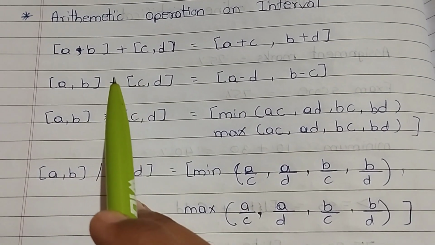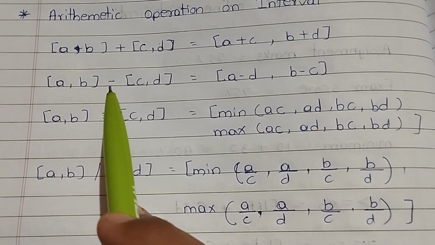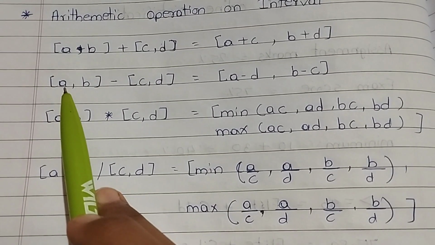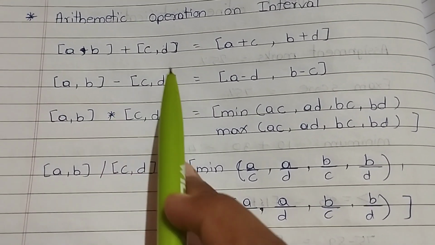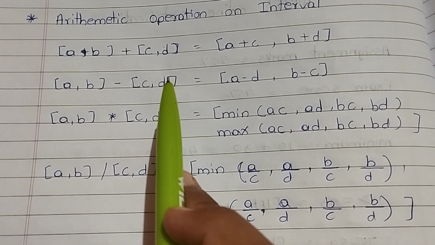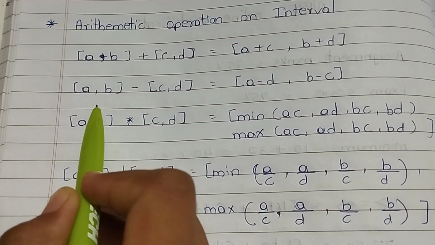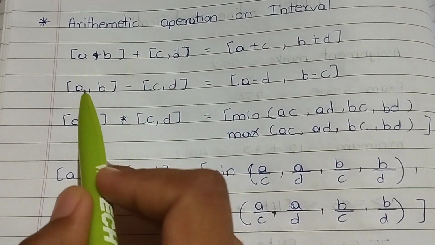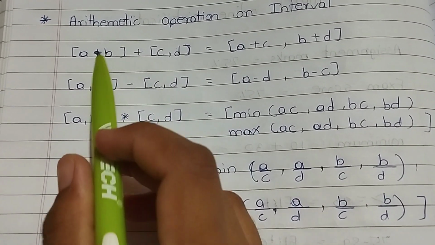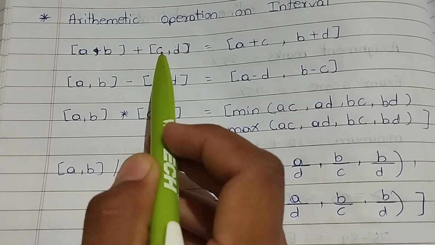Now when we do subtraction, the first component of one interval is subtracted from the second component of the other interval, meaning a minus d. For addition we do a plus c, first component with first component.